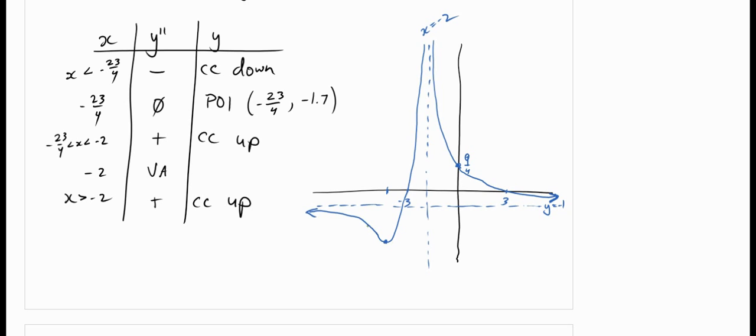So my point of inflection is somewhere in here, negative 23 over 4 and negative 1.7. And this one is negative 9 halves and negative 1.8. So it's below the other one. There's a lot of details to look at here.